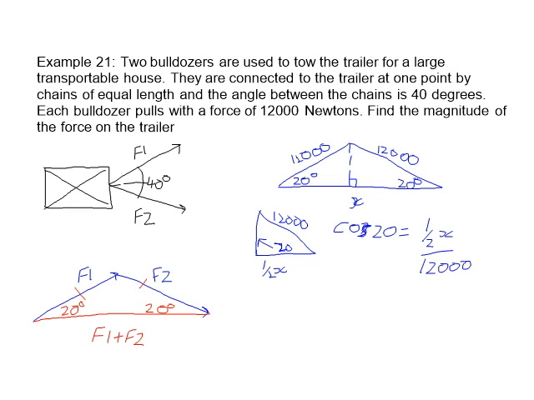So now we move up the 12,000. So we've got 12,000 cos 20 equals a half x.